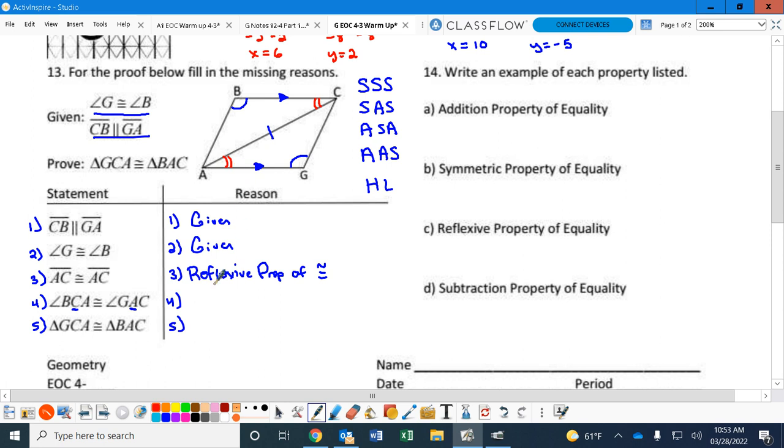Why are those 2 angles congruent? It's old stuff. Yeah, alternate interior angle theorem. There you go. Alternate interior angle theorem. You could say the actual theorem, which is that alternate interior angles on parallel lines are congruent, but that's a lot to say. Just say alternate interior angle theorem. It'll be easier.